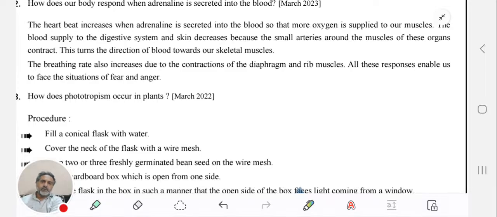The blood supply to the digestive system and skin decreases because the small arteries around the muscles of these organs contract. This turns the direction of blood towards our skeletal muscles. The breathing rate also increases due to the contraction of the diaphragm and rib muscles. All this response enables us to face the situation of fear and anger.